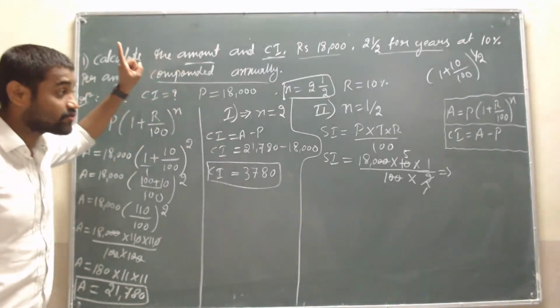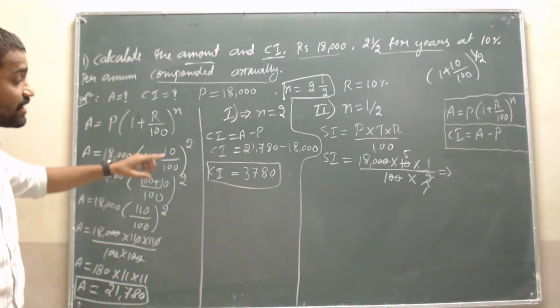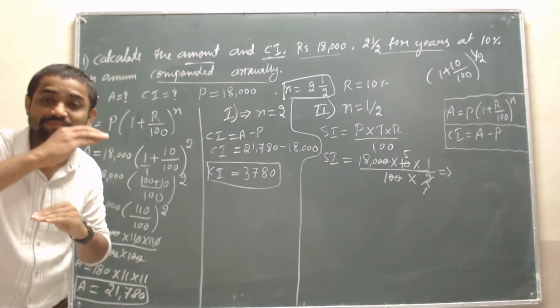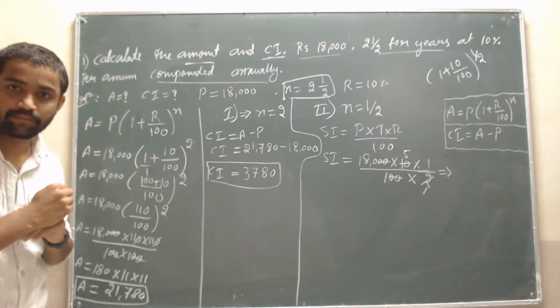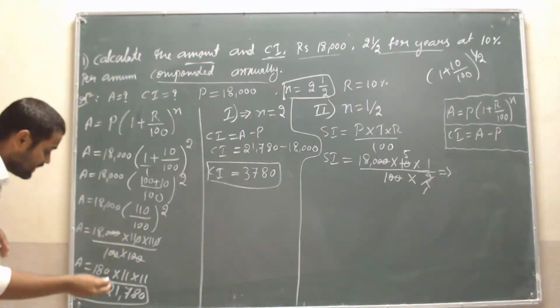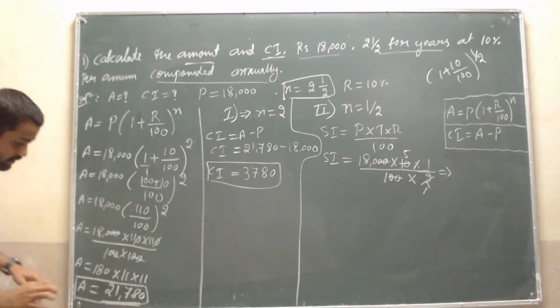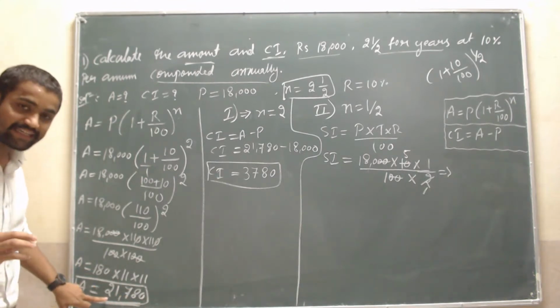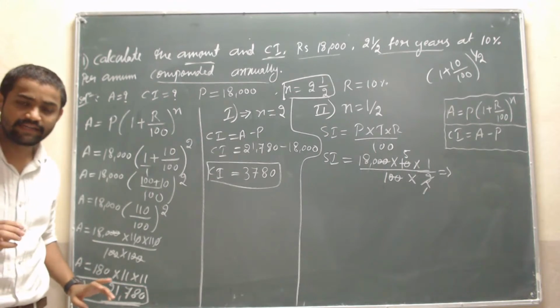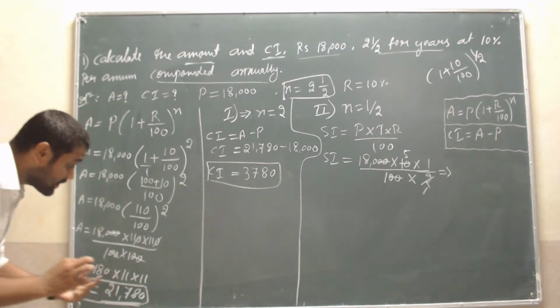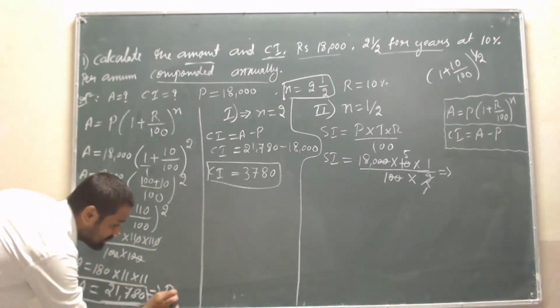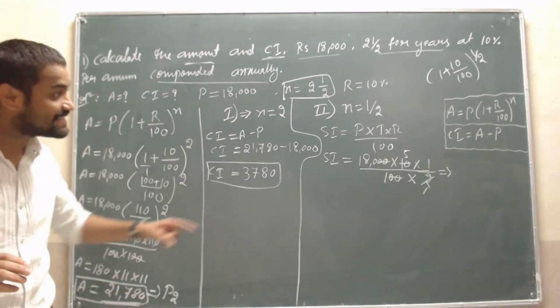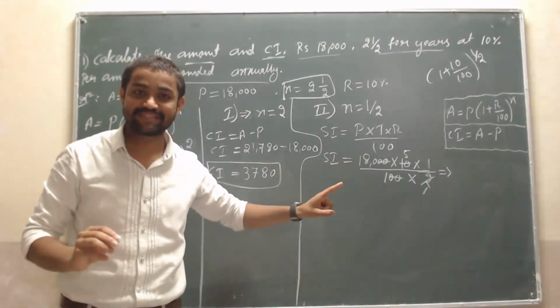Sir, coming to the first step, what do we get? Compound interest is nothing but interest on interest. See here, the amount we get is 21,780. For the next step it becomes P2, that is principal amount 2. And this is not a method, students.